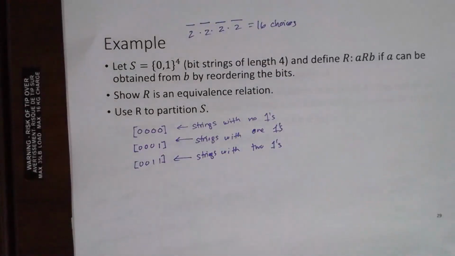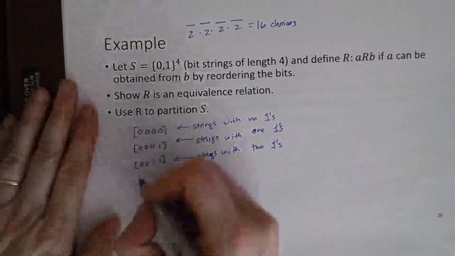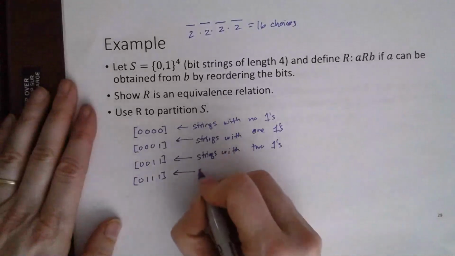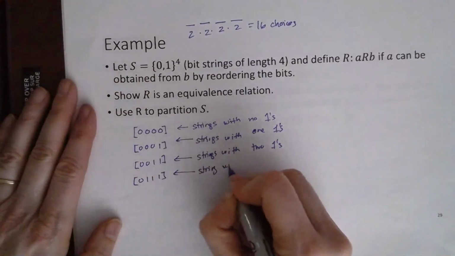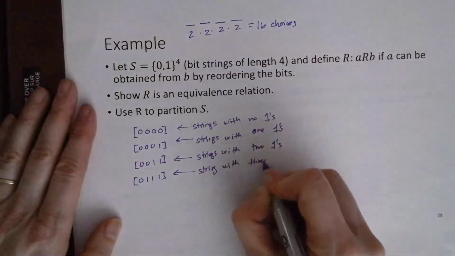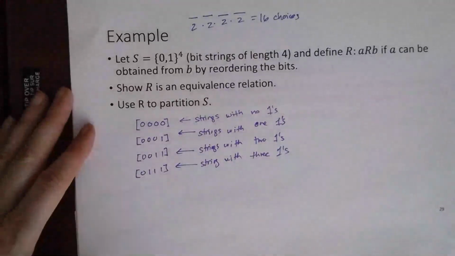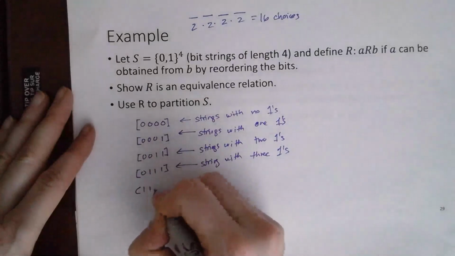Shuffle them. So anything that has 2 ones in it. The next one, 3 ones. So this will be strings with 3 ones. And then our last class would be 1, 1, 1, 1.